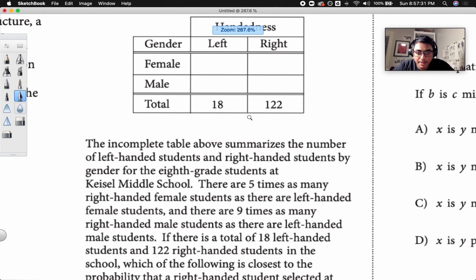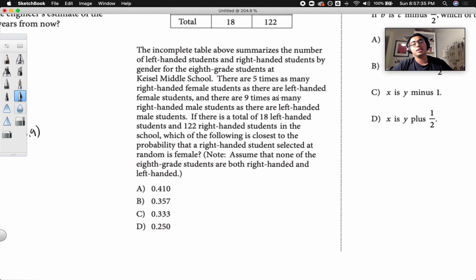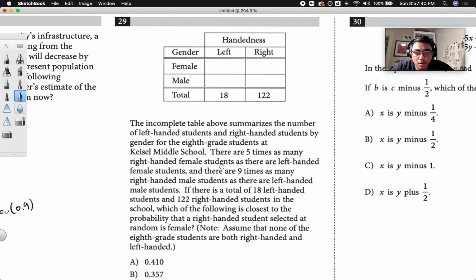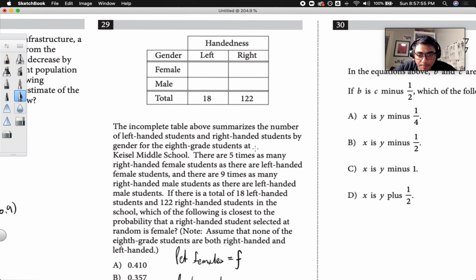Okay, so we have to fill in the table here. First, we have to initialize some variables. Let females equal F, and let males equal M, because we don't know the explicit number of males and we don't know the explicit number of females.